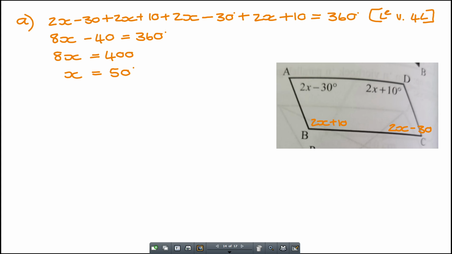Jy kon dit ook gedoen het, 2x minus 30 plus 2x plus 10 is gelyk aan 180 en dan koop by hoeke, ja. Het jy daai twee bymekaar getel? En toe wat gesê? Gelyk aan? Ja. Wat, het jy hulle bymekaar getel? En toe gesê gelyk aan hoeveel?